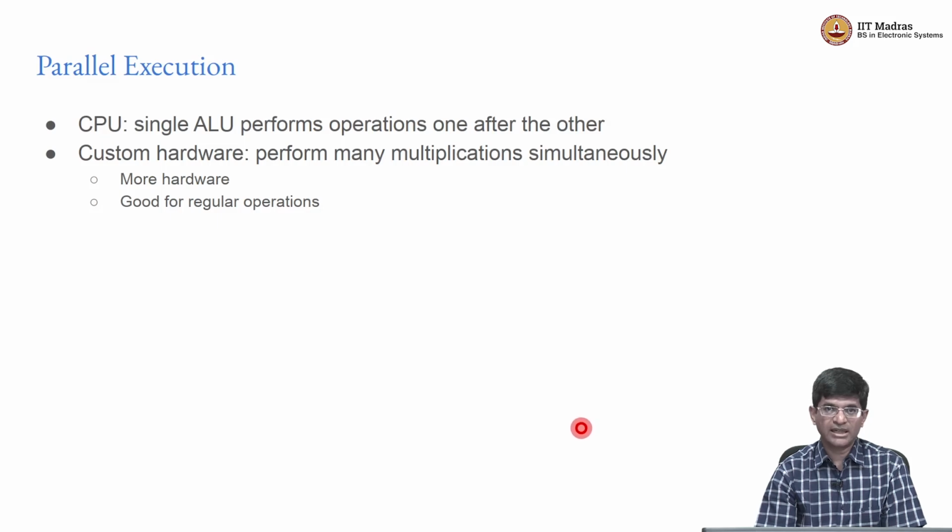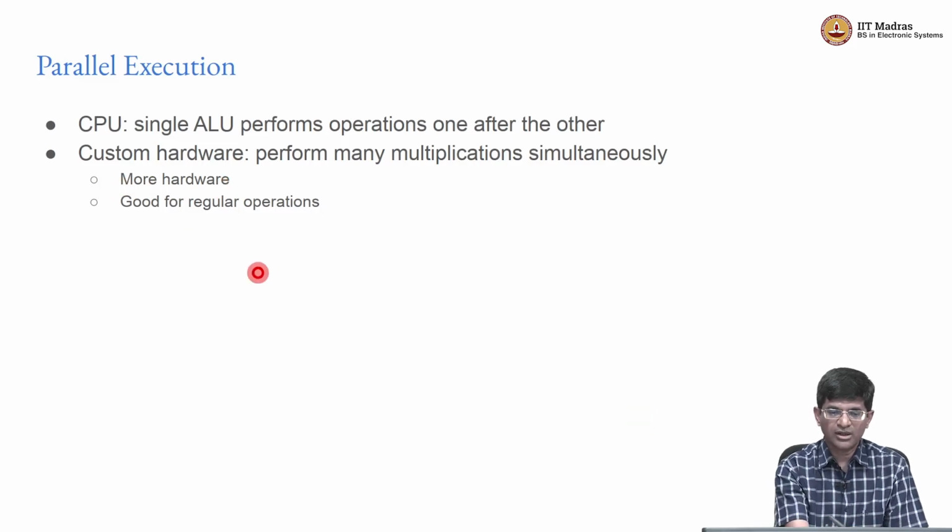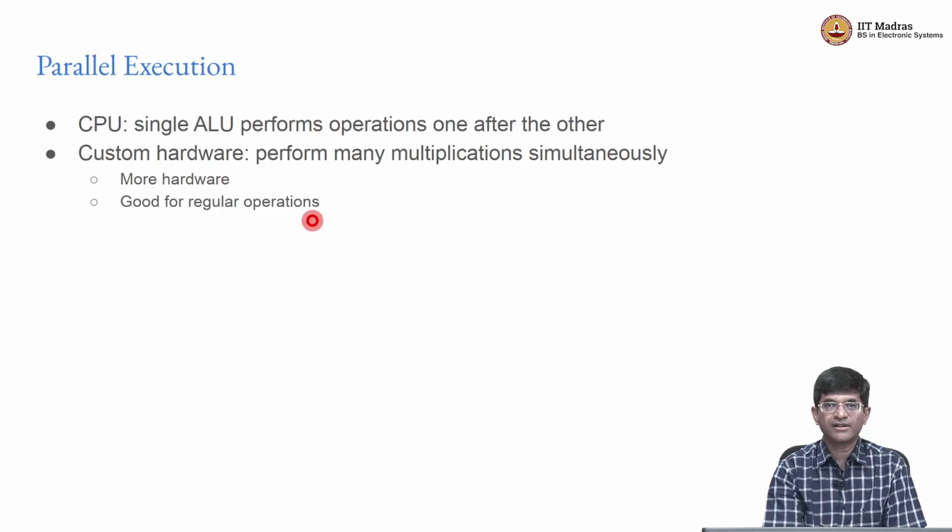But if I know that I am repeatedly going to be performing dot products, perhaps I can create some kind of custom hardware that is capable of performing A1 into B1, A2 into B2, A3 into B3 all at the same time. It would require more hardware, but it is good if I have regular operations.